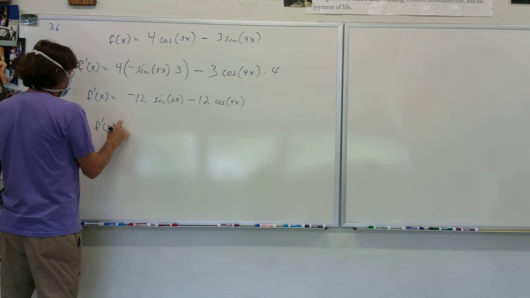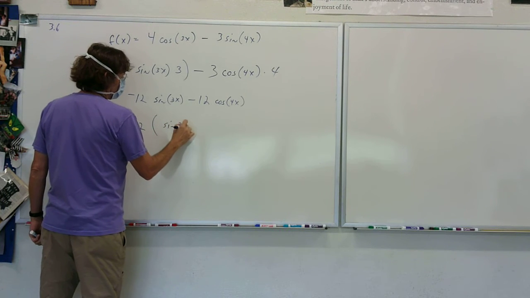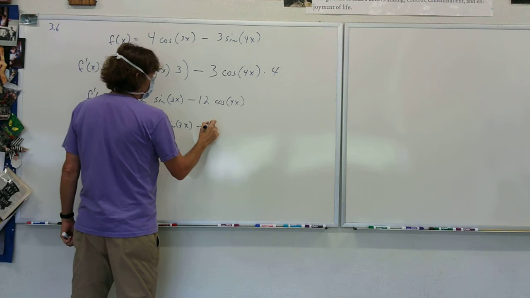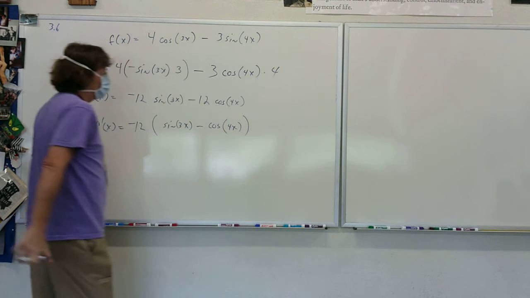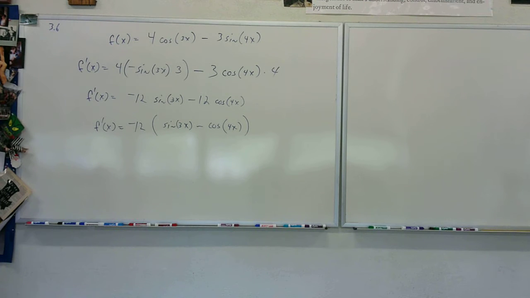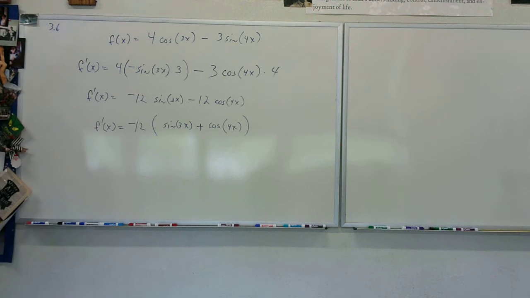F prime of x equals -12 sine 3x minus cosine 4x. Now, honestly, yes ma'am, it would be a plus. See, taking care of it. I keep looking at the sine 3x and the cosine 4x, and I would leave it right there. Okay? I wouldn't change it.